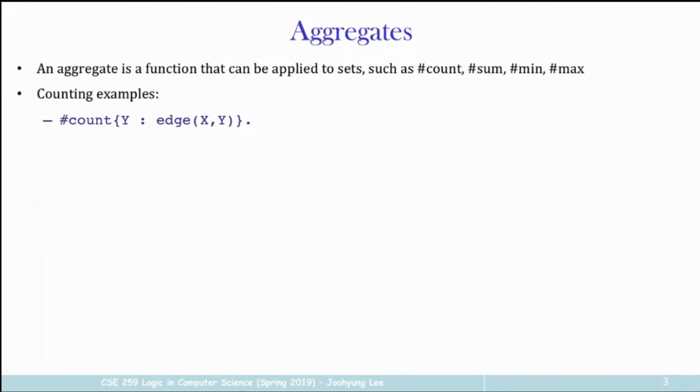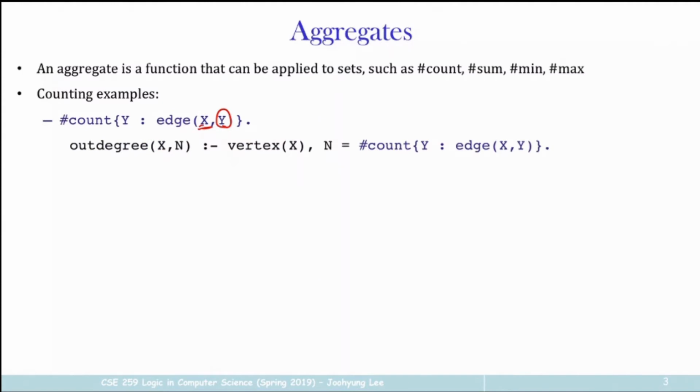Right? We did something similar in the Hamiltonian cycle, although we didn't use the count aggregate. So here you can say given particular x, we are counting how many y's are possible. Okay, so how many different vertices are connected from vertex x. Okay, so we can write this kind of rule.